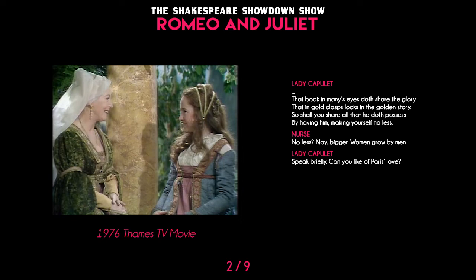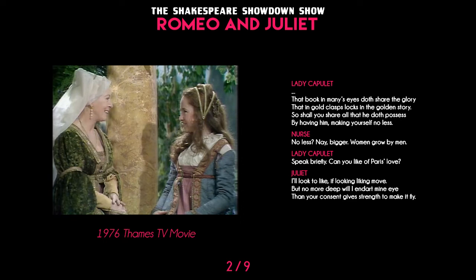To which Juliet will respond, "I'll look to like if looking liking move, but no more deep will I endart mine eye than your consent gives strength to make it fly." These three lines will be all that we need, and the text that is shown here is exactly what will be spoken by Juliet in every version.